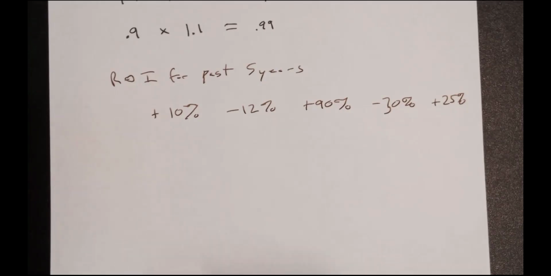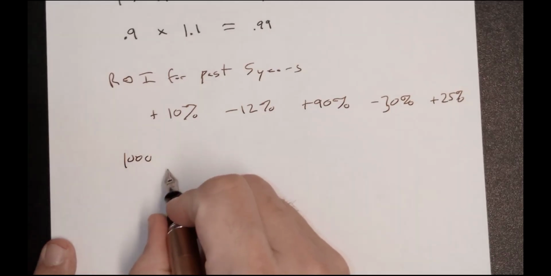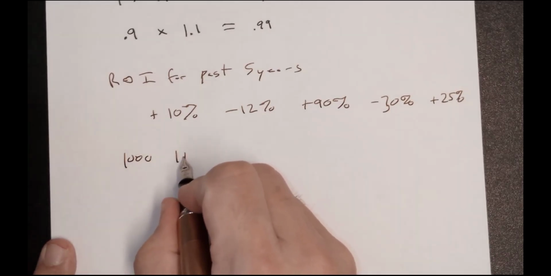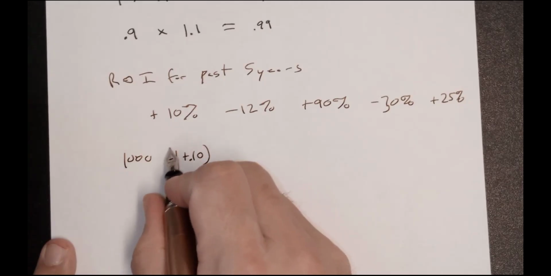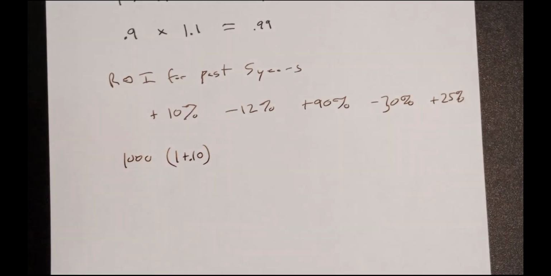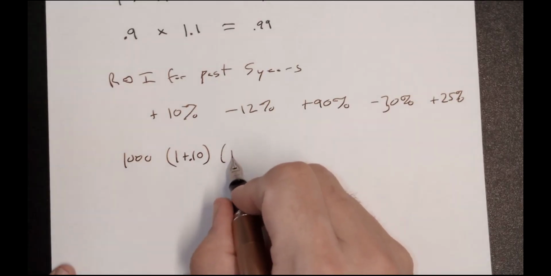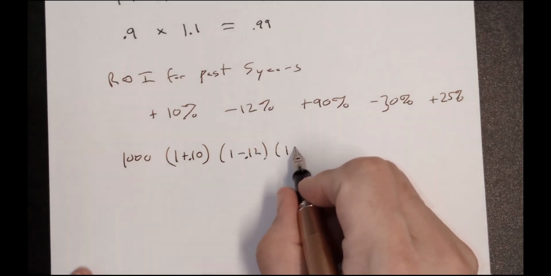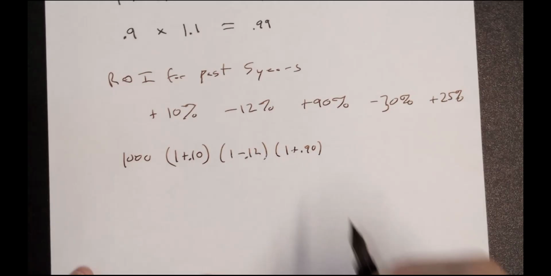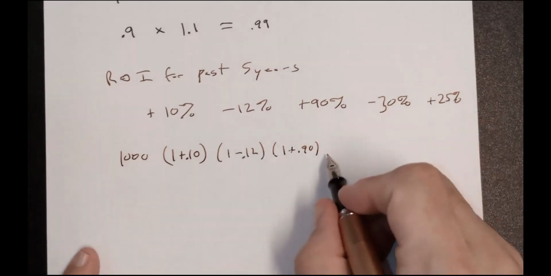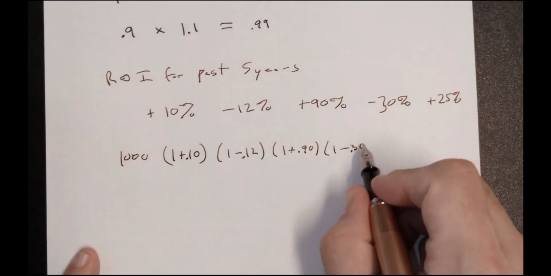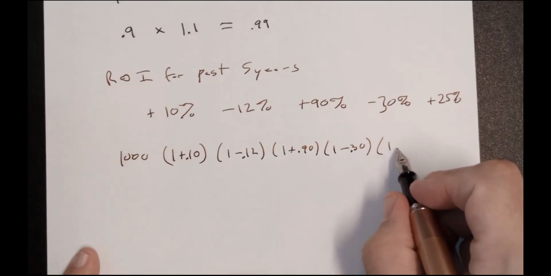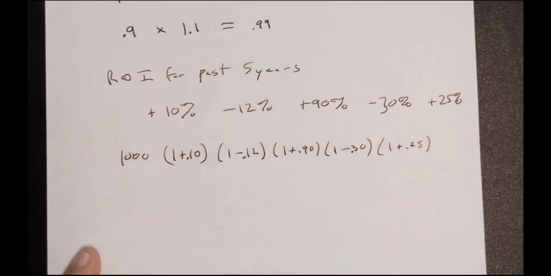I would take my original value and I would add 10%. Multiply by 1.1. And then I would lose 12%. And then I would gain, with a really good year, 90%. And then I would lose 30%. And then I would gain 25%.